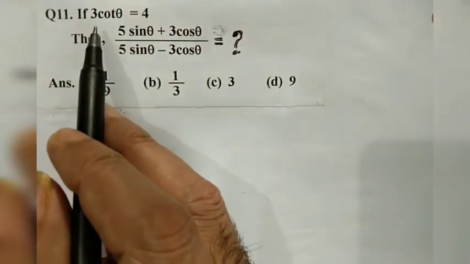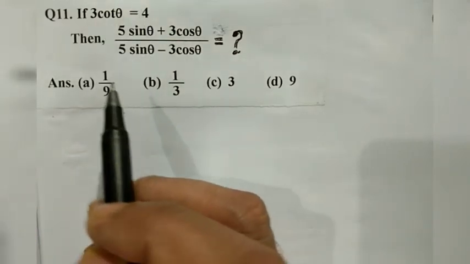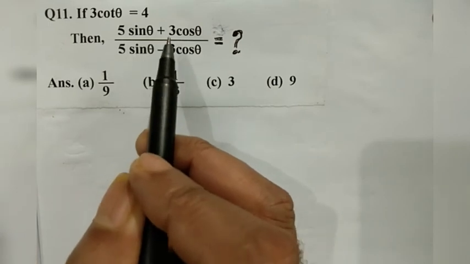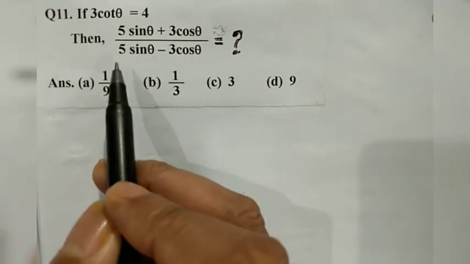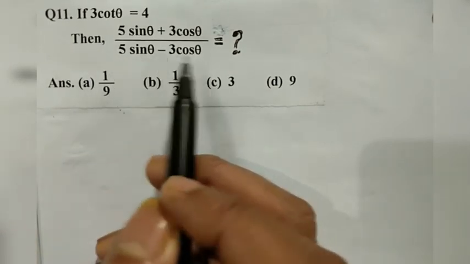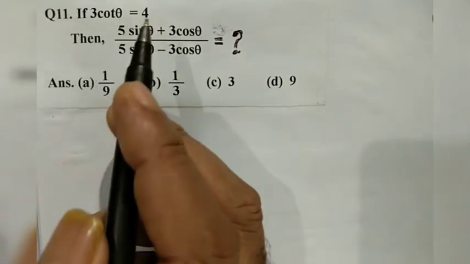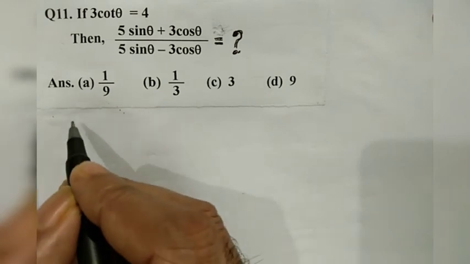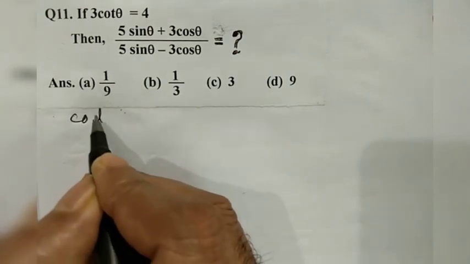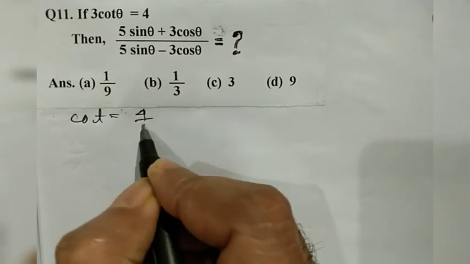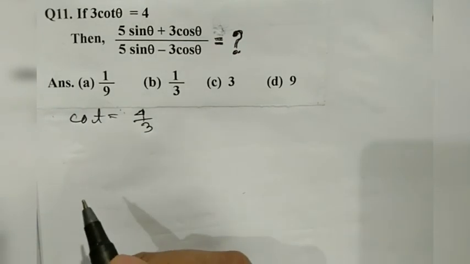If 3 cot theta equals 4, then what is the value of (5 sin theta plus 3 cos theta) by (5 sin theta minus 3 cos theta)? If 3 cot theta equals 4, then cot theta equals 4 by 3. Okay.